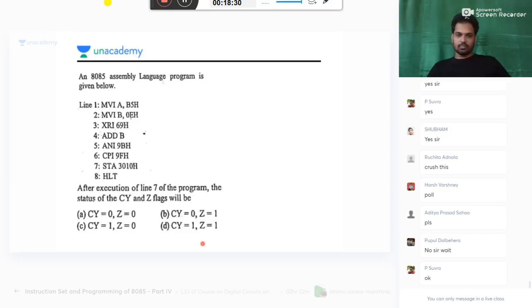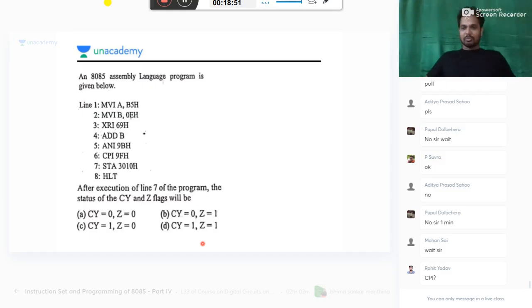Okay, I will wait. Take your time. I am waiting. CPI is a party we discussed yesterday, no? Communist Party of India. You told me what is CPA, CPM.